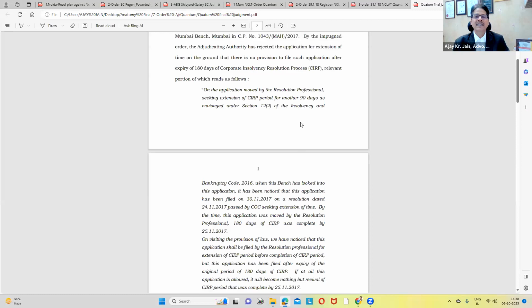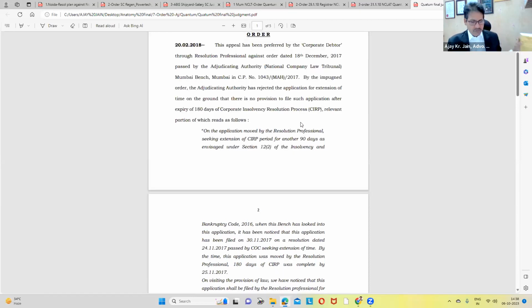First, we should understand the provisions of section 12 subsection 2. What does 12.2 say? I put up this argument before the Appellate Tribunal. Section 12, time limit for completion of insolvency resolution process. First is 180 days.